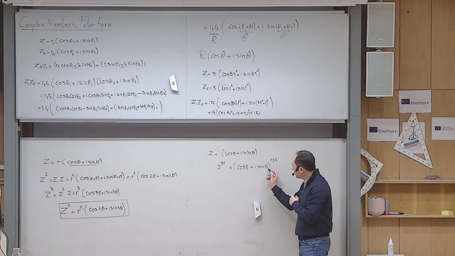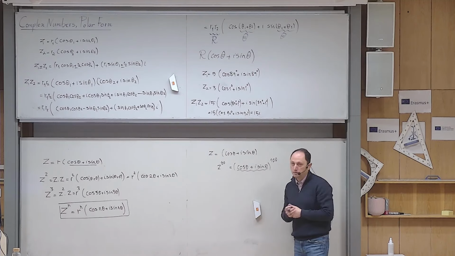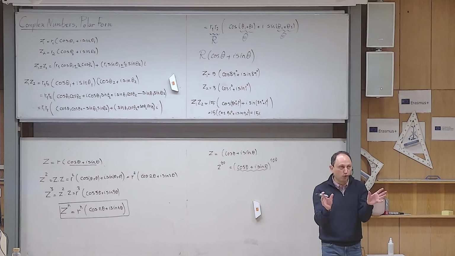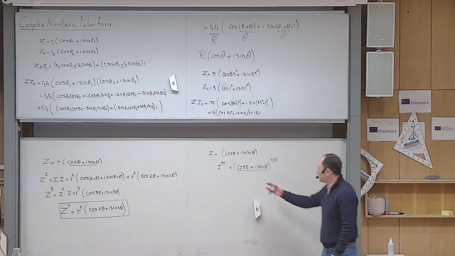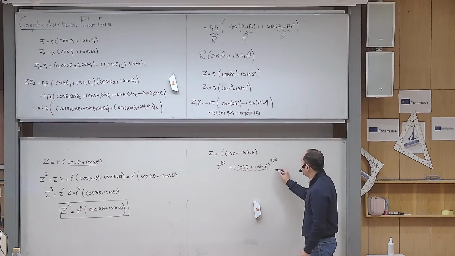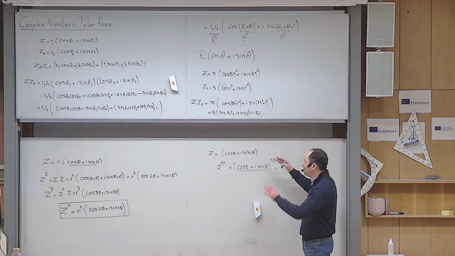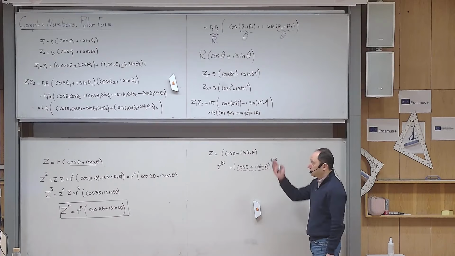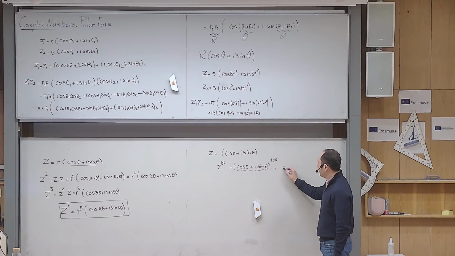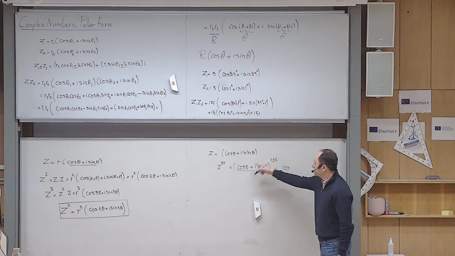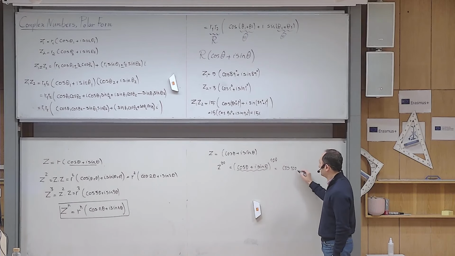But this combination is an exception in complex numbers, and you have to remember it. Okay? Whenever you have cosine and i, if you suffer and do all those calculations, according to what we showed, you end up with simply multiplying 100 there. I want you to understand exactly what is going on. Yes?